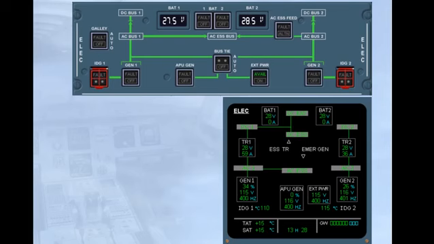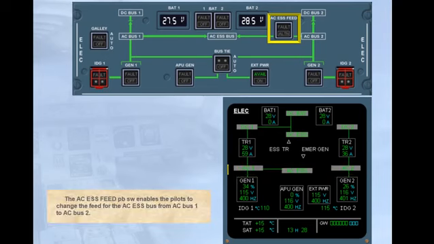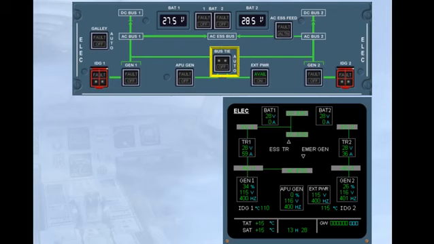The AC Essential Feed push-button switch enables the pilots to change the feed for the AC Essential bus from AC Bus 1 to AC Bus 2. The Bus Tie push-button switch enables the pilots to isolate one side of the system from the other. You will see and do this in the abnormal operation modules.